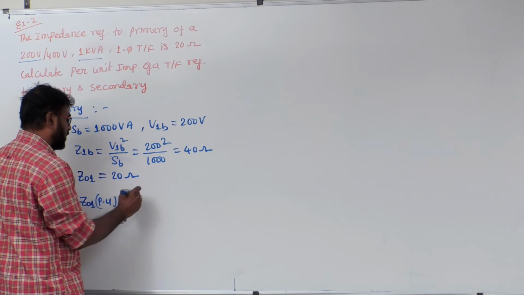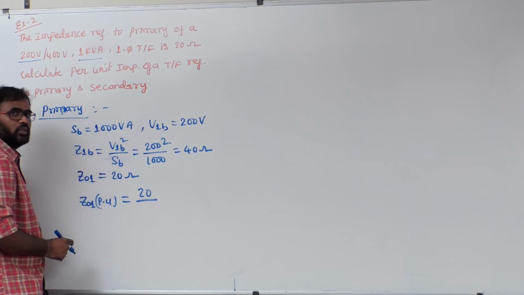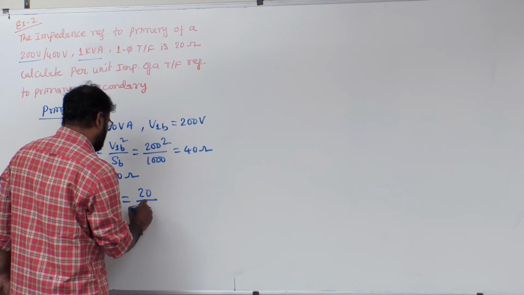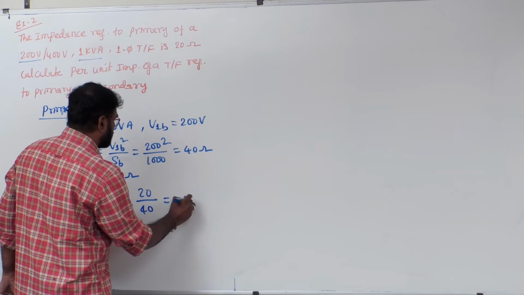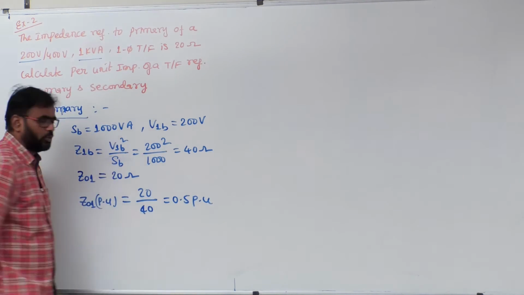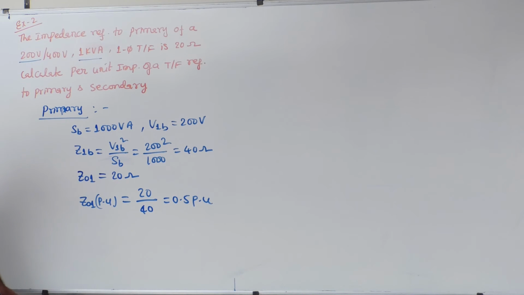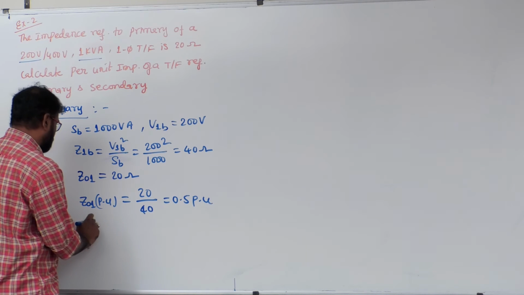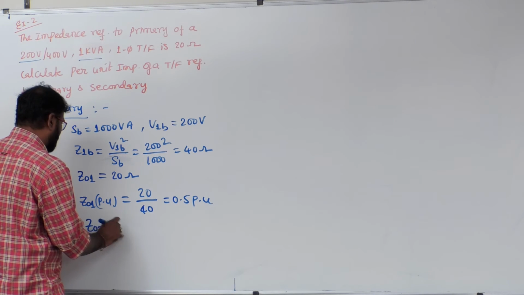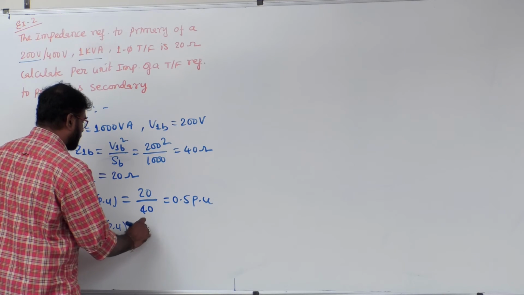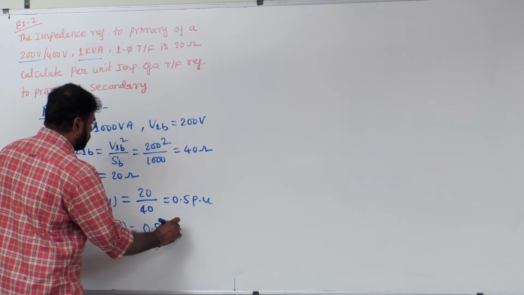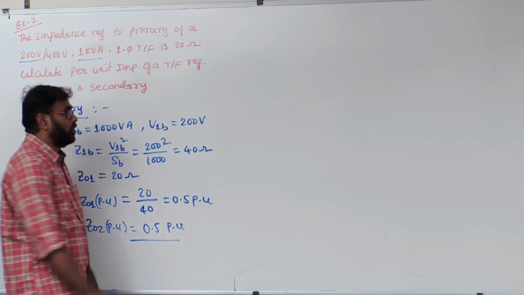Z01 actual, that is 20, by Z1 base, that is 40. 20 by 40 is 0.5 per unit. Similarly, what is Z02 per unit? Impedance referred to primary and referred to secondary in per unit form are the same. You should get this. Anyway, we will solve.